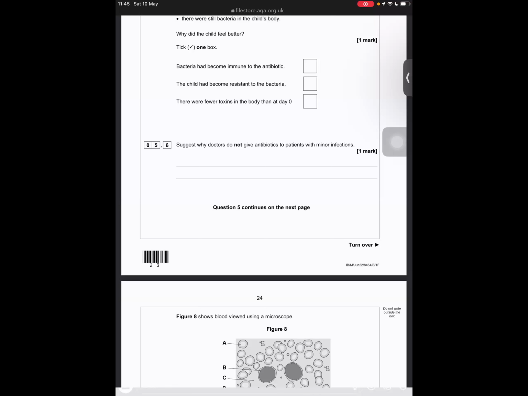If one still gives antibiotics for those minor infections, at a point the body would get too used to the antibiotics.